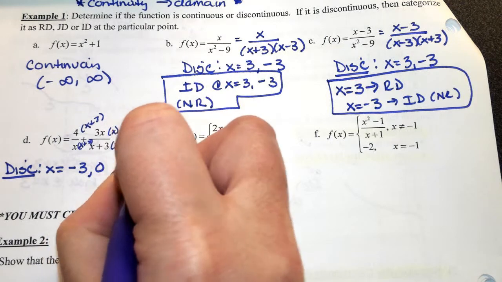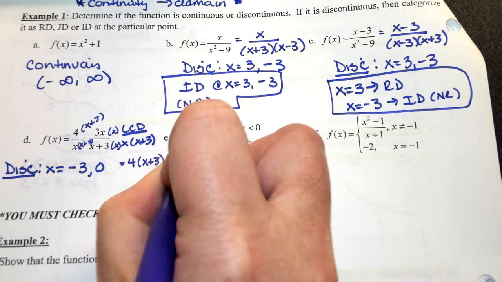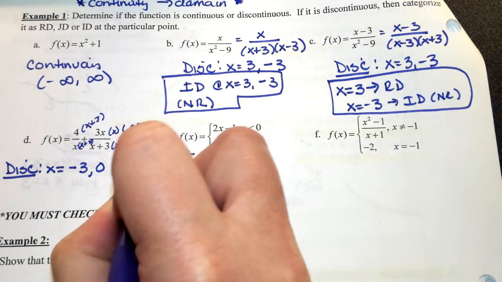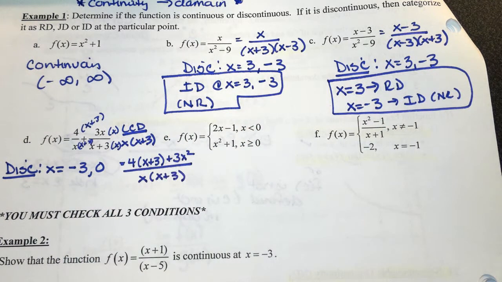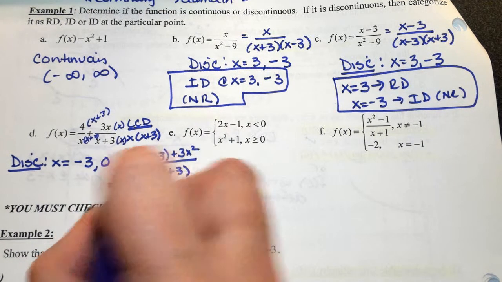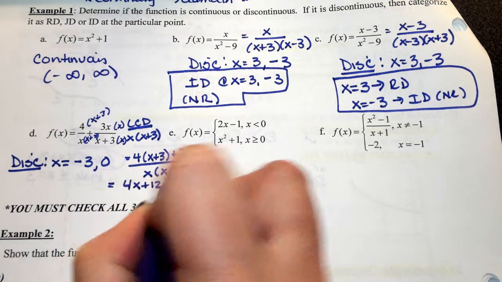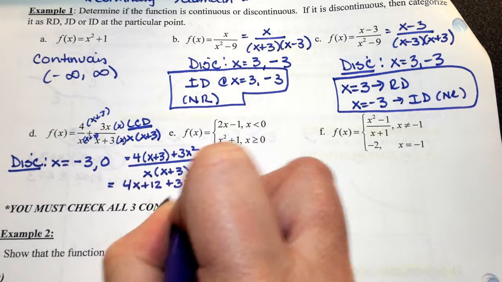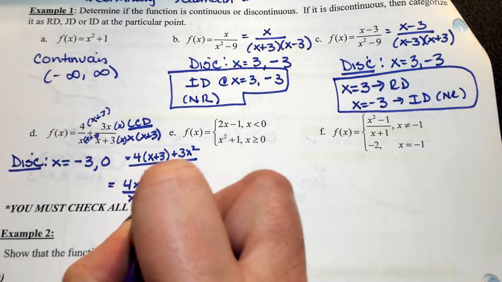So I end up with 4 times x plus 3 plus 3x squared, all over x times x plus 3. So when I distribute the 4, I end up with 4x plus 12 plus 3x squared, all over x times x plus 3.